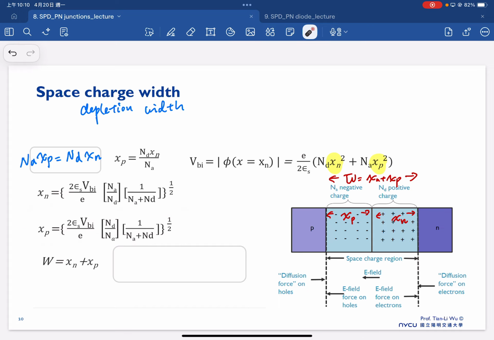So by considering this one, for example, if you want to solve for Xn, you just replace Xp with Xn using this function. Then we can solve for this Xn, and we should get this result, and also solve this one to get this Xp here.